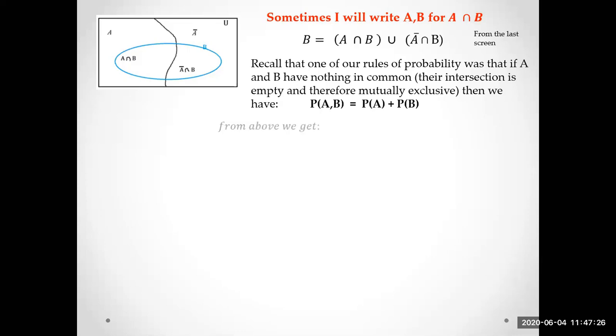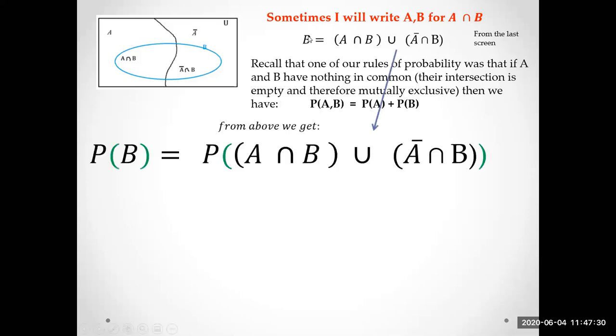From the above, we get that the probability of the left-hand side is equal to the probability of the right-hand side, right? That's obvious. But these two things are disjoint. They don't have anything in common. This piece here and this piece here. So what can we do? We can change this union.